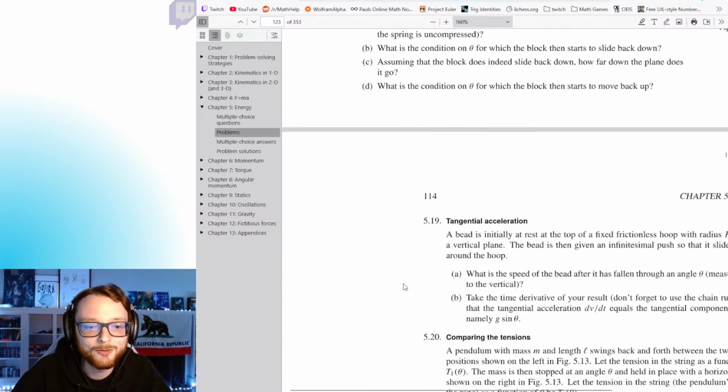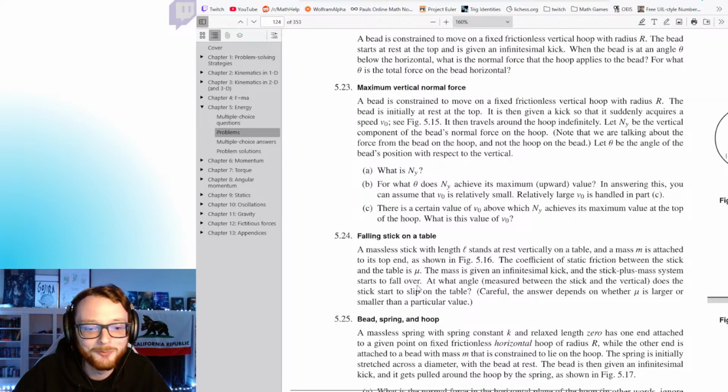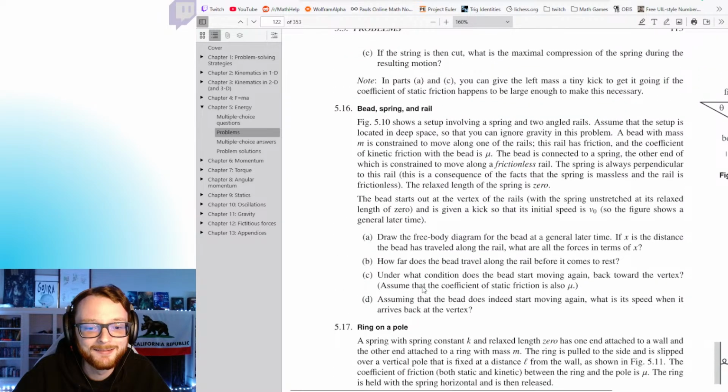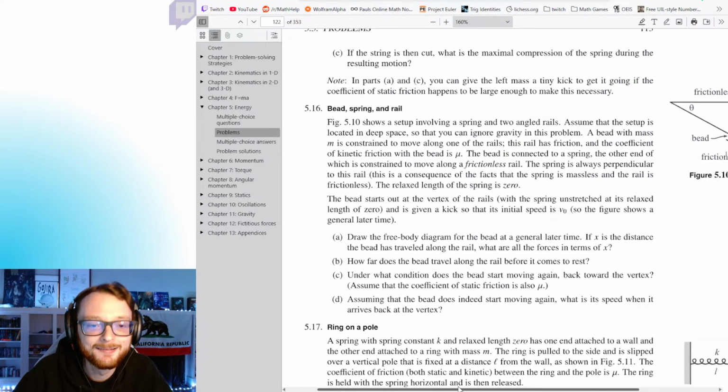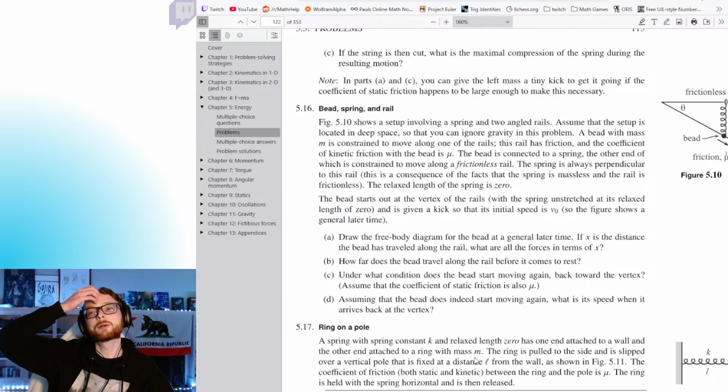I don't want to go back to 24 to be honest. I kind of want to grab a new one. Honestly, if I could think of a linear algebra problem to do, I'd probably do that.